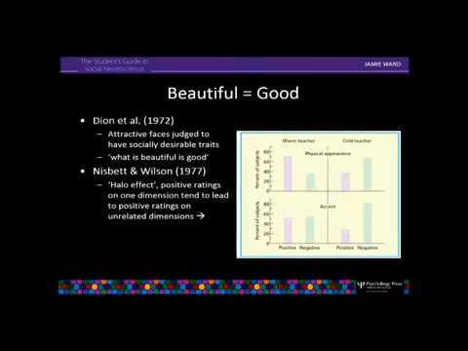One possible mechanism for this is the so-called halo effect, that positive ratings on one dimension tend to lead to positive ratings on other dimensions that might, to all intents and purposes, be neutral. The classic study of the halo effect by Nisbett and Wilson had a teacher appear and give a lecture to some students. In one condition, the teacher was really warm and funny and engaging. In the other, they were cold and harsh, though their mannerisms were nice.